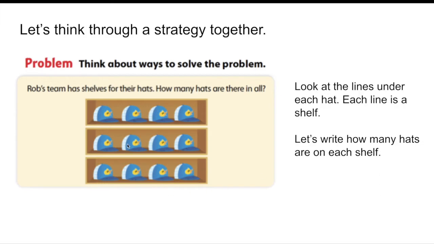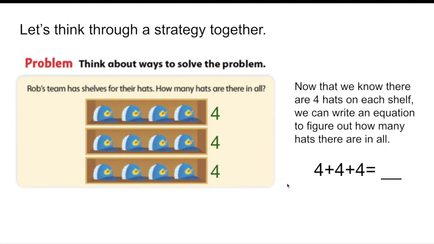So I can imagine the line under each hat is like a shelf. And then we have 4 hats on each shelf. So let's write 4 next to each shelf, like that. You can see this as a shelf of 4, a shelf of 4, and a shelf of 4.